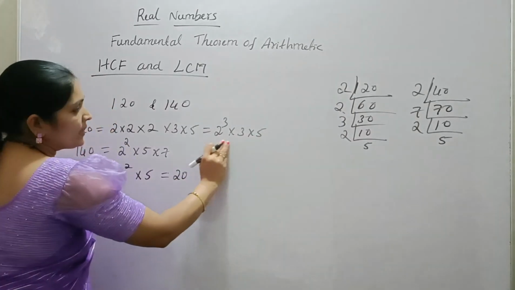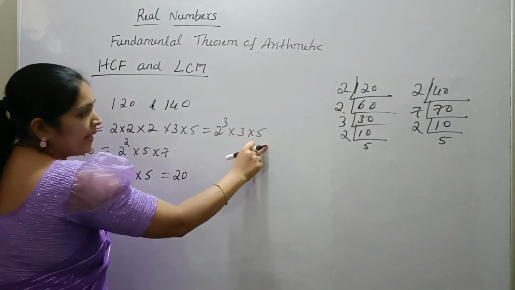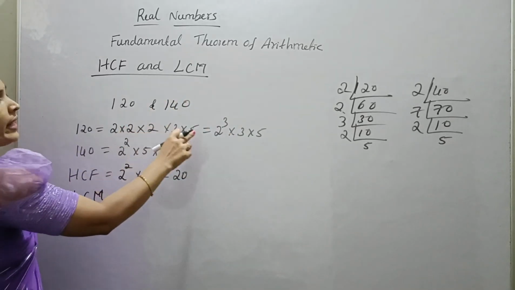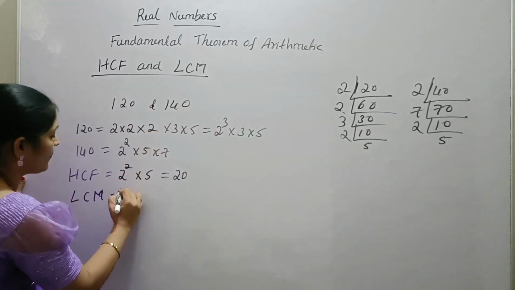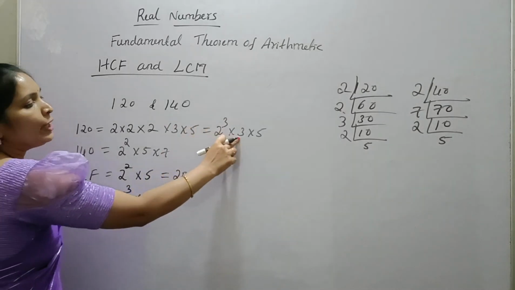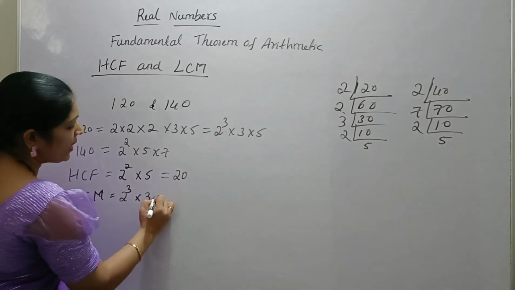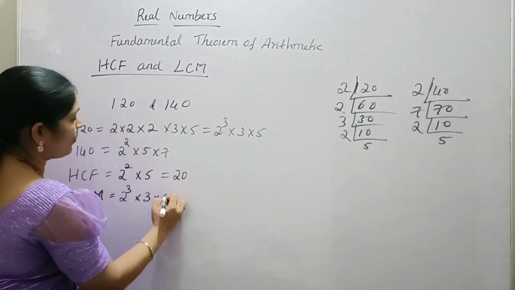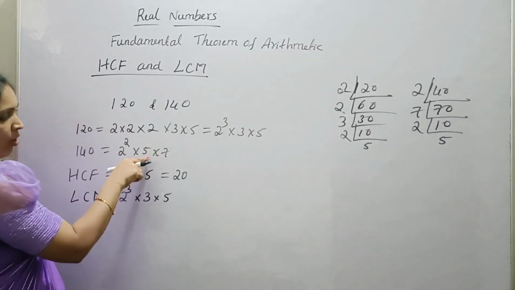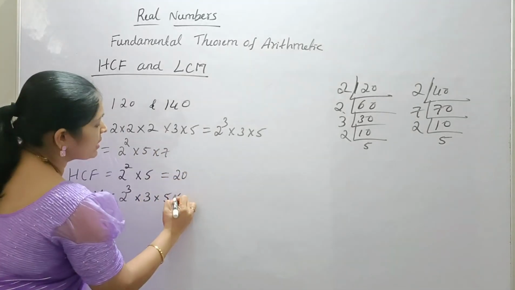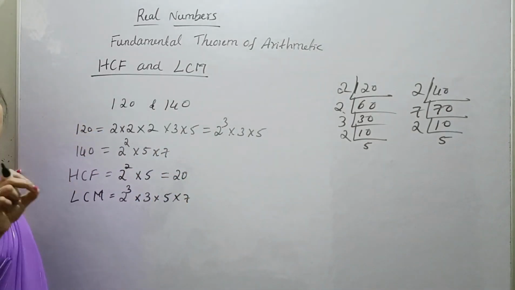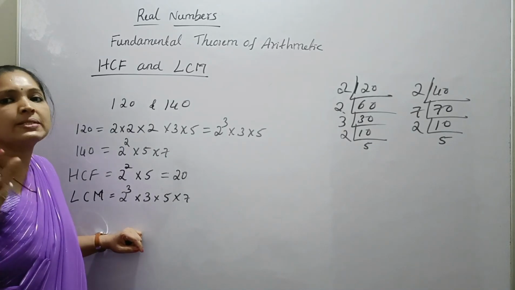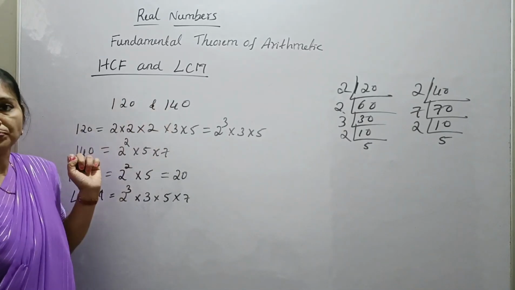What are the factors? 2, 3, 5. Here 2 raised to 3, here 2 raised to 2. Therefore we will take 2 raised to 3, into 3, into 5, and into 7, because it is the least common multiple, the smallest number which is divisible by both numbers.